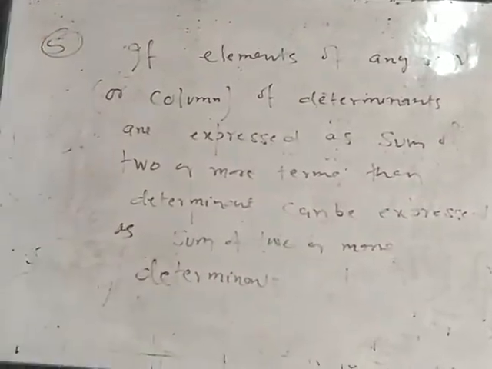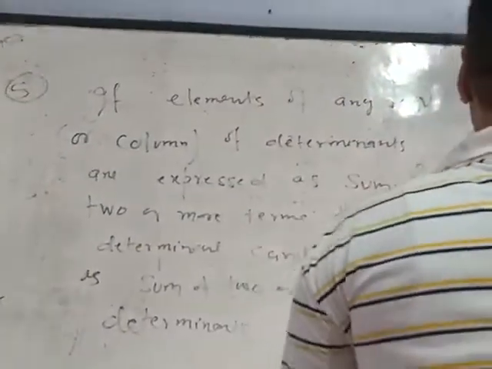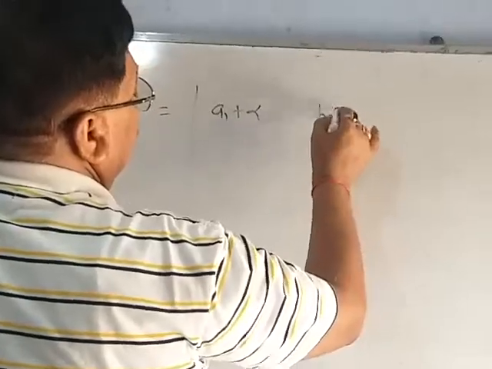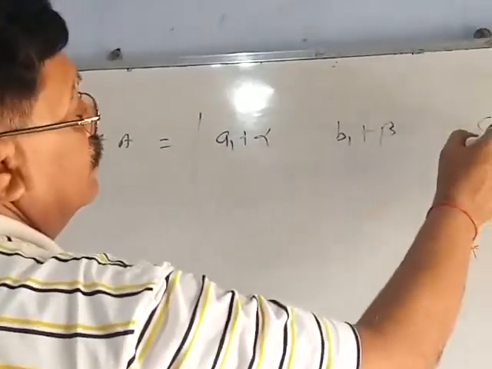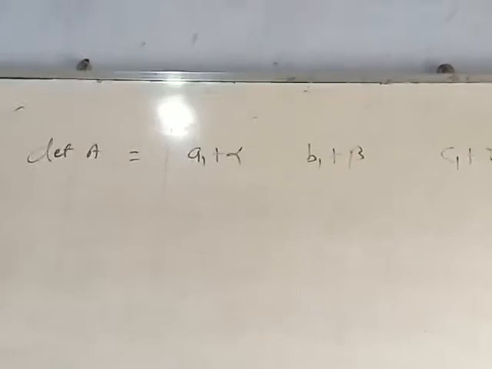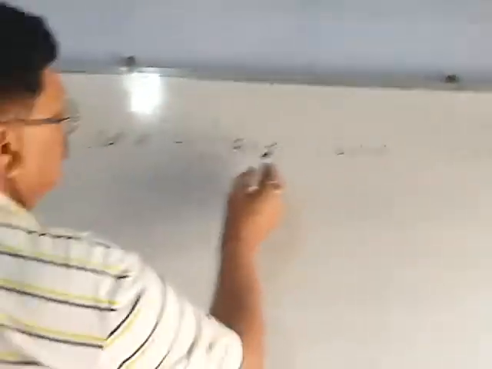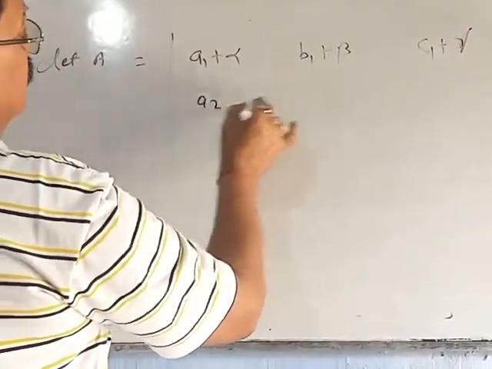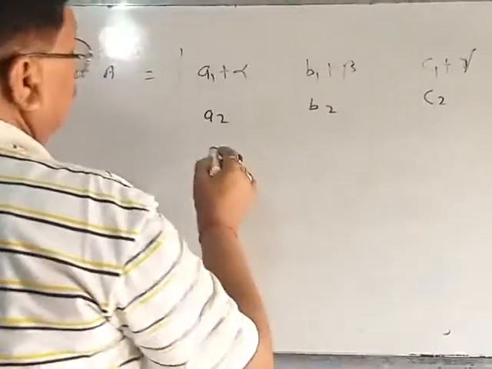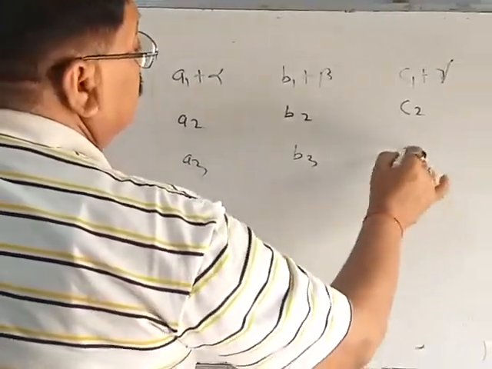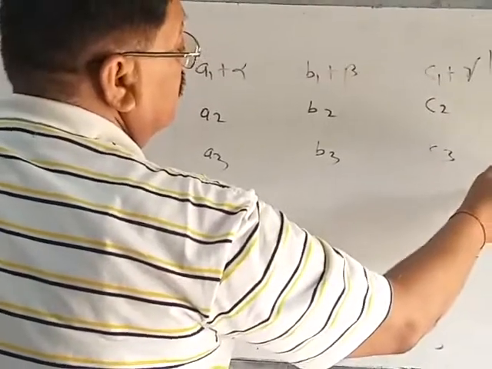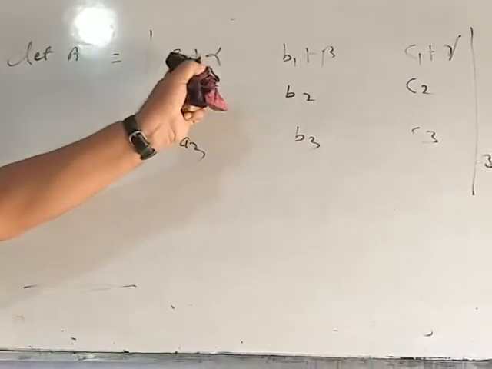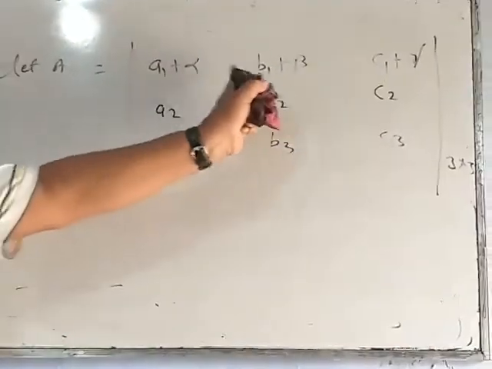For example, I am going to give an example before you. If the determinant has first row elements A1 plus alpha, B1 plus beta and C1 plus gamma, and second row A2, B2, C2, third row A3, B3, C3, then here we see the first row elements are represented as the sum of two terms.